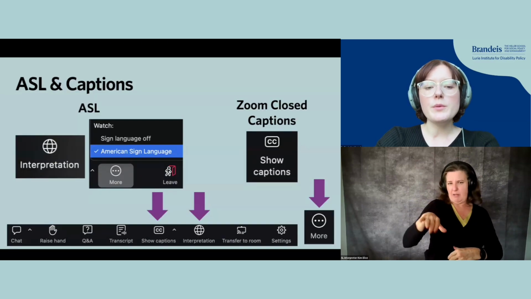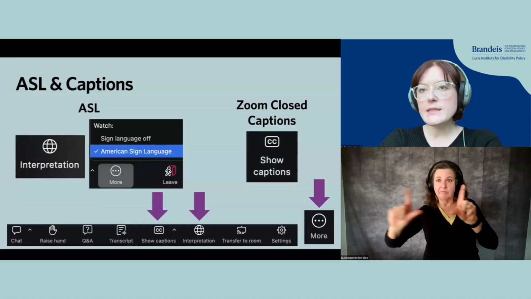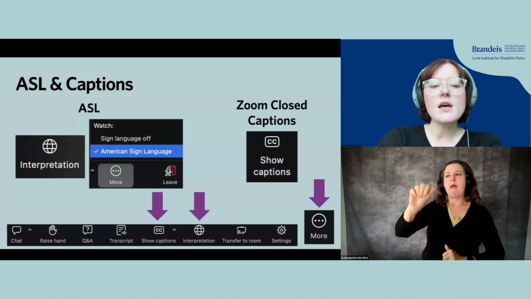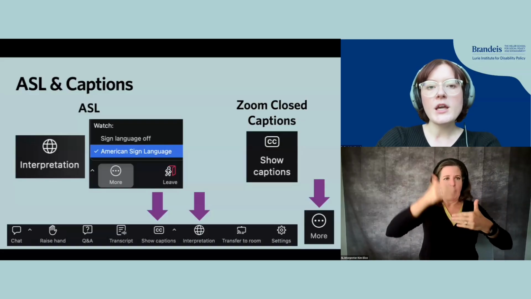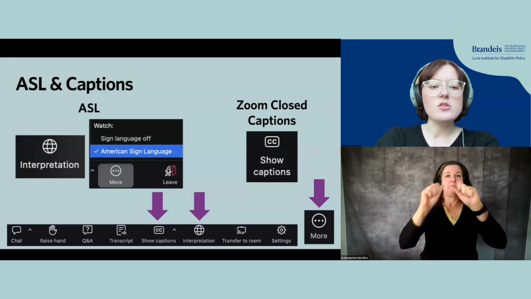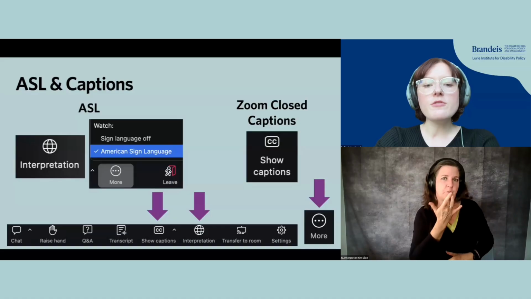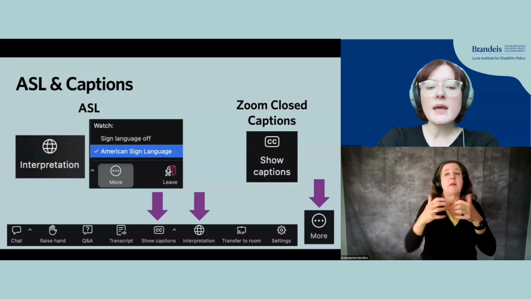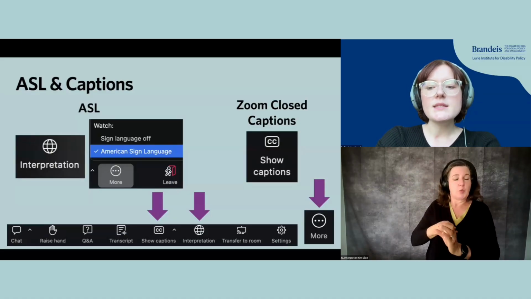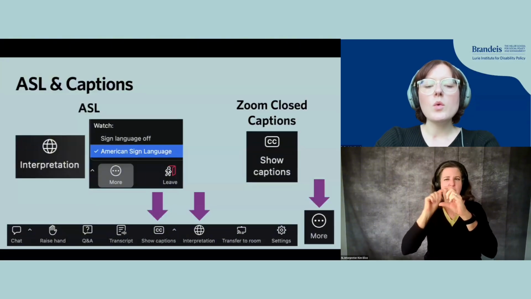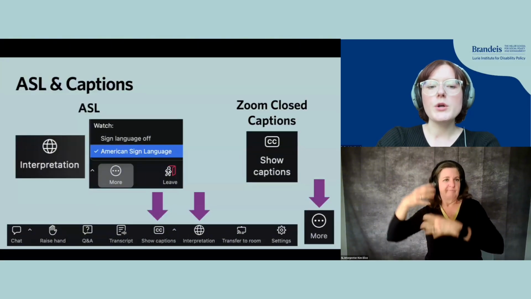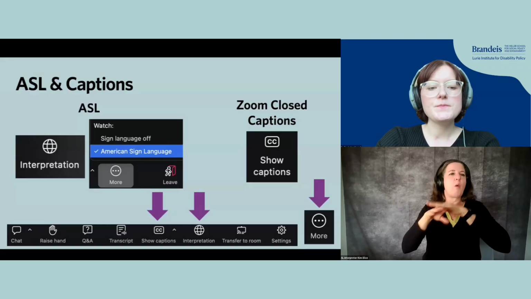A small menu will appear, and click American Sign Language to view ASL in a pop-out window that you can move around your screen and make as big or as small as you like. Depending on the device you are joining from, you may need to click on the button that says More with 3 dots in the Zoom toolbar. It will open and show more accessibility features.